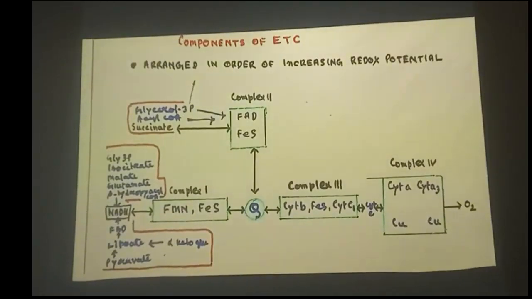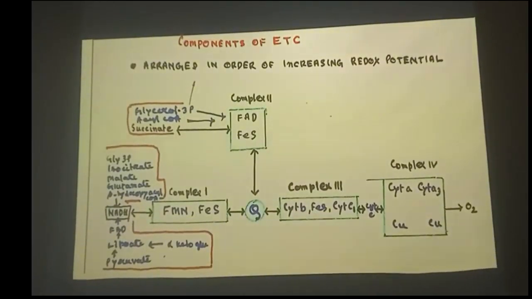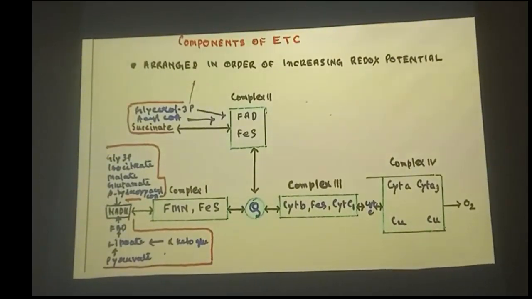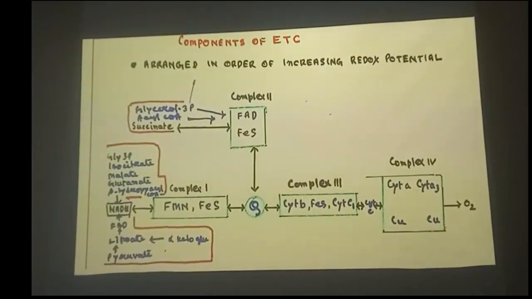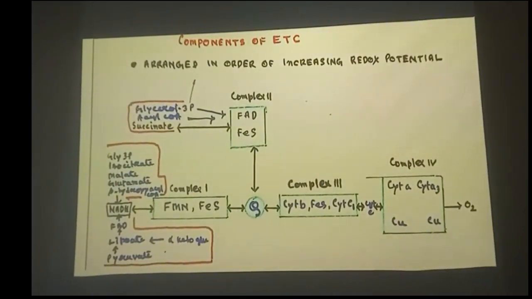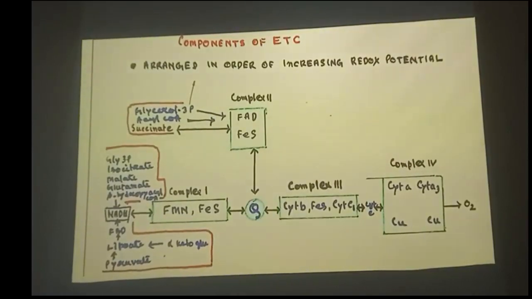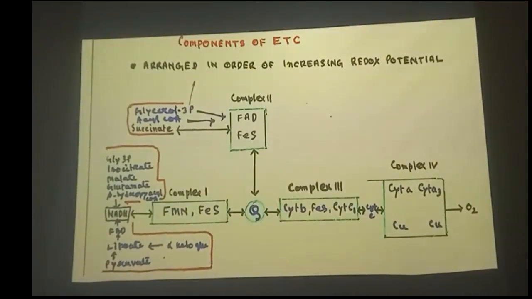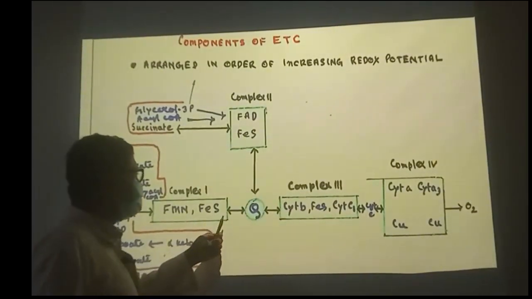These divalent metal ions play a very important role in carrying electrons because they can be oxidized as well as reduced. They can carry electrons whenever required, and they can release electrons also. So they play a very important role in the transfer of electrons.